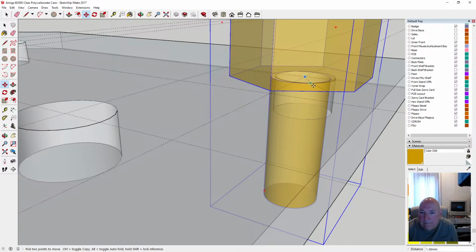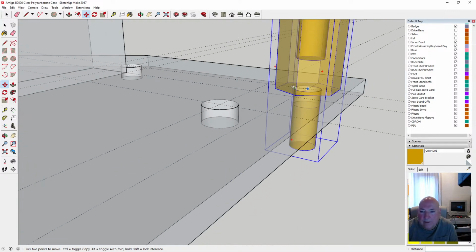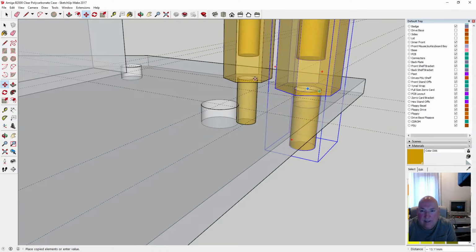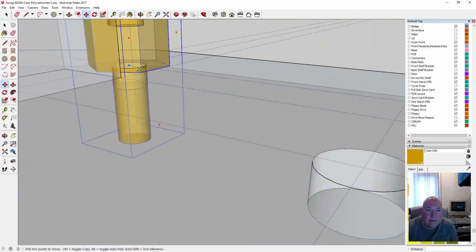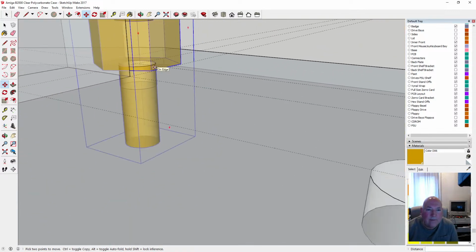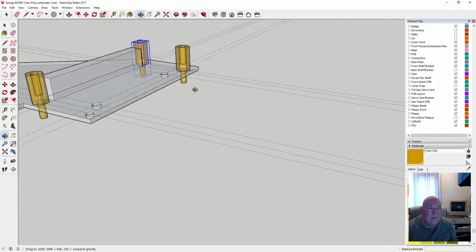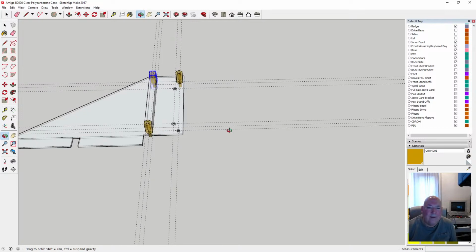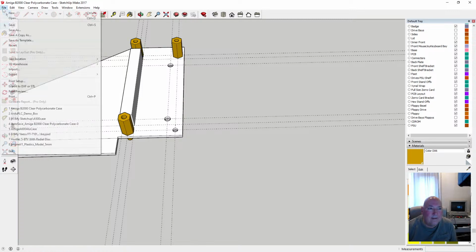Oh, so not quite that. That's it. Same again. Okay, let's have a look. Are we lined up? Yeah, pretty much. Right, so there's only 3 fixings in mine, unless there's one missing. Well, the hole's there, but there's no fixings for it. Right. So, let's save it.